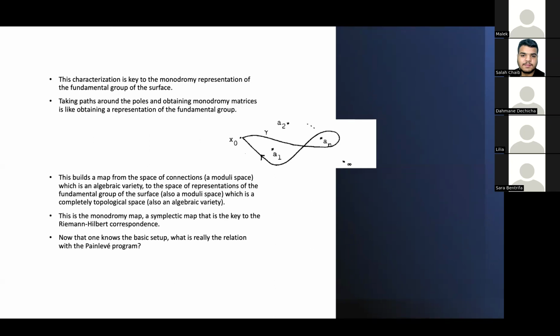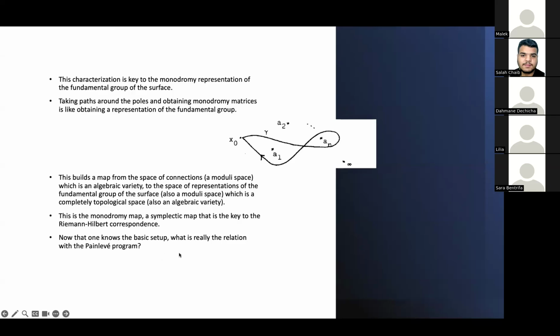And this is the fascinating thing about this. This monodromy map was proven to be symplectic in the works of Philip Boalch. And this symplectic nature is now referred to as the symplectic nature of the fundamental group.